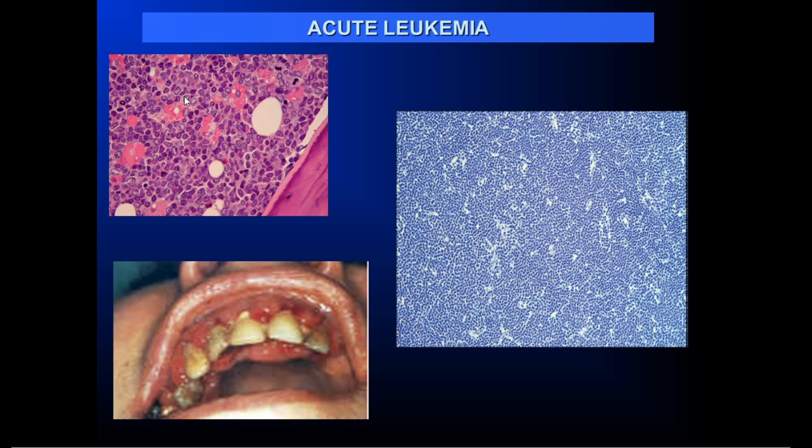Here you see nuclei with delicate nuclear chromatin. Compare with lymphoid, where we have condensed chromatin, but cells are also round and small.